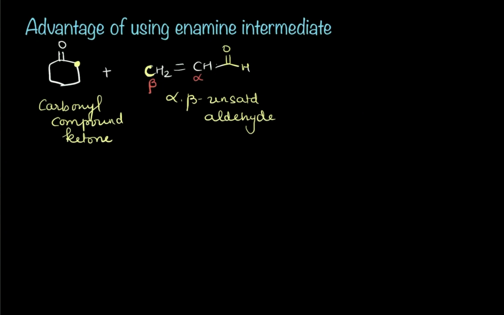Okay, so the first and foremost thing is you want to convert the carbonyl compound into an enamine. That would be the first step. So let's do it here. The carbonyl compound should be reacted with a secondary amine in the presence of a trace amount of acid to give the enamine.